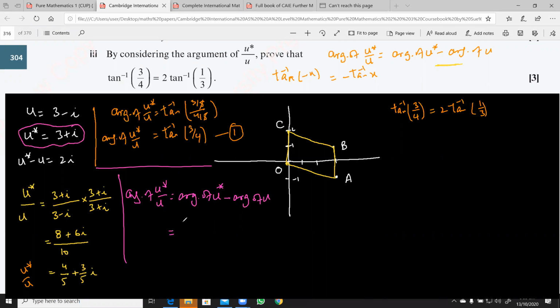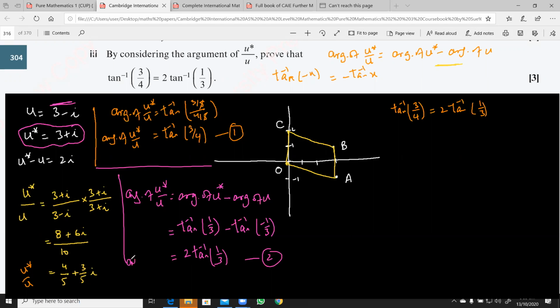So can I say this is going to be tan inverse of 1 over 3? Yes? And then argument of u, this is your u over here. So this is going to be minus tan inverse of minus 1 over 3. So I can take this minus out here, so this will become plus. So that is going to be 2 tan inverse of 1 over 3. And this is your second relation here.